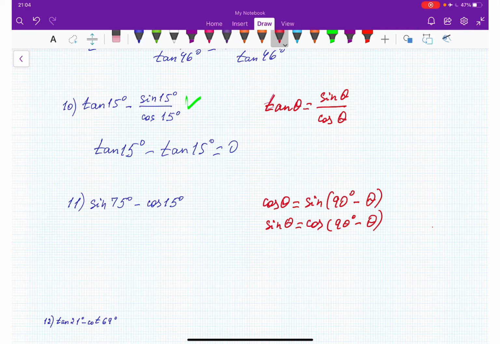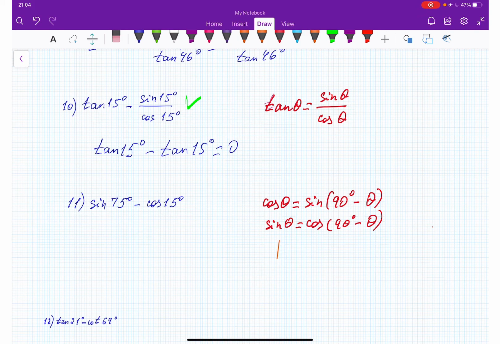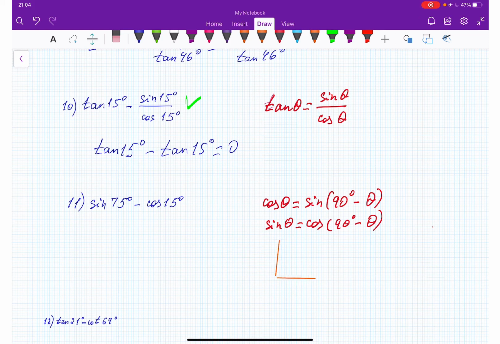For example, if I take this angle in the middle, right here, let's assume this is 60 degrees and this is 30 degrees.